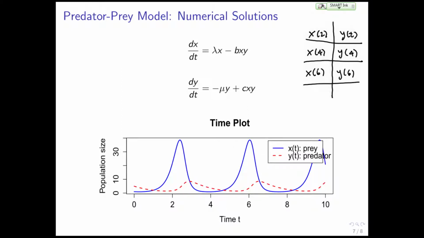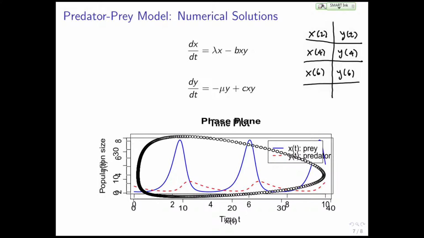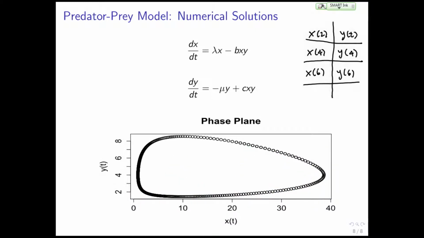Those x, y values, we can display into a plot that has the state variable x of t on the horizontal axis and the other state variable on the vertical axis.